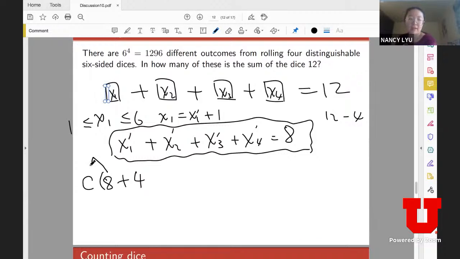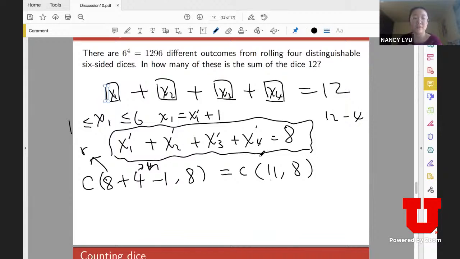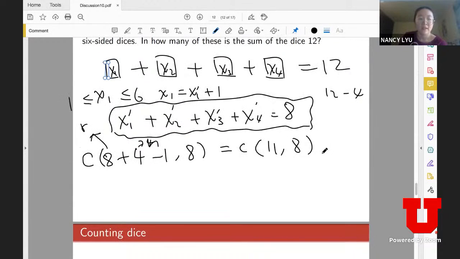Yes, this 8 would be your R, and this 4 would be your N. Minus 1, and that gives us 8 choose 8, and that's all the possible outcomes when your x is greater than or equal to 1.